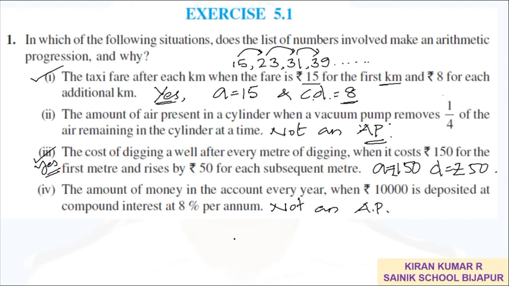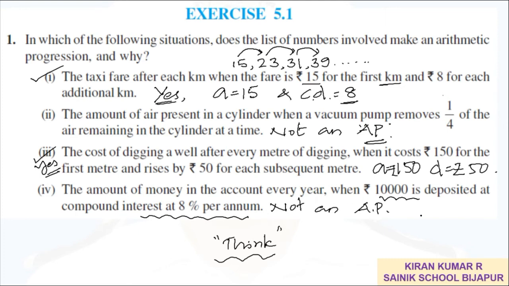Think about why it is not an AP. You need to really understand what compound interest is, and they have given compound interest as 8% per annum. This is the principal amount. The number of years is 1. So if you find it out, you will not be getting the common difference.